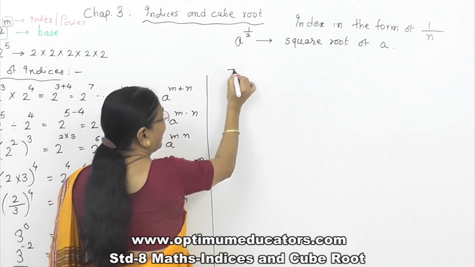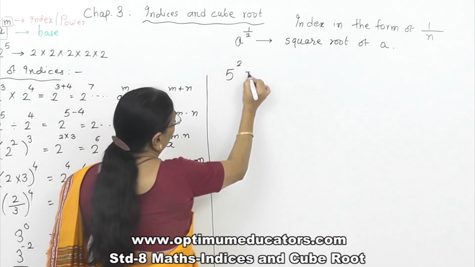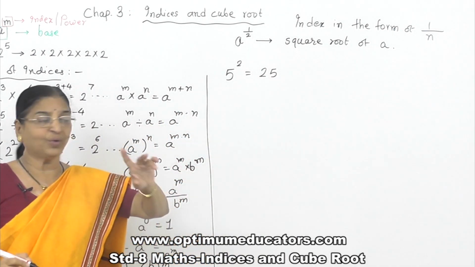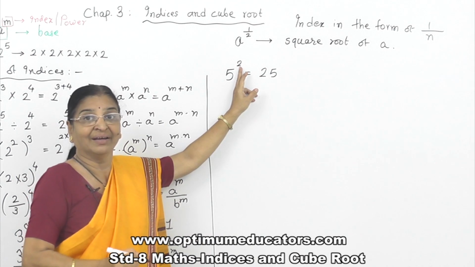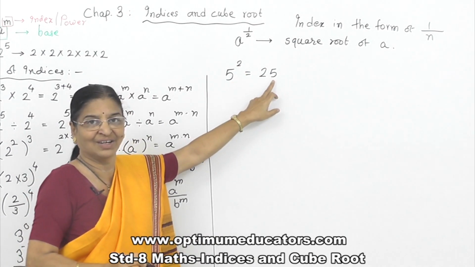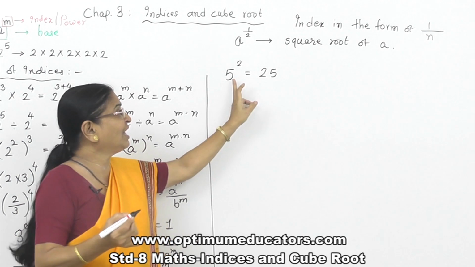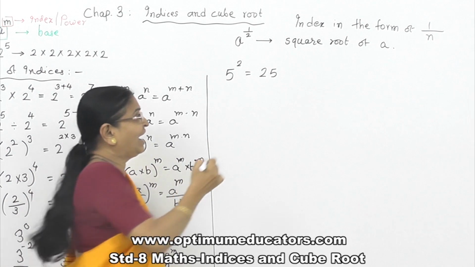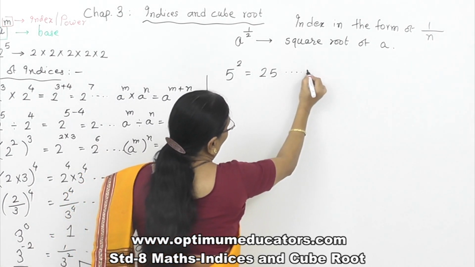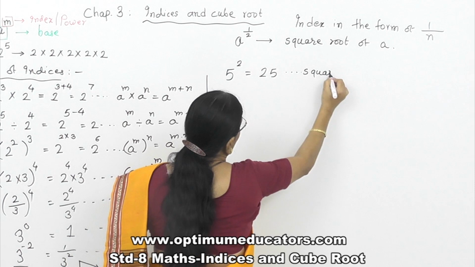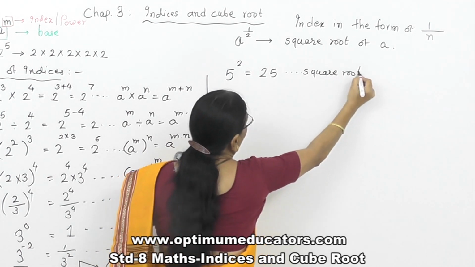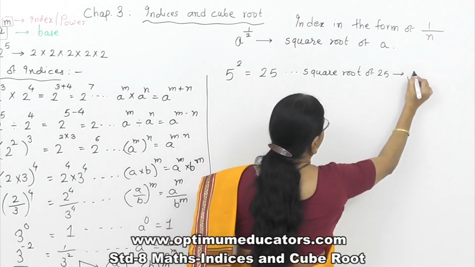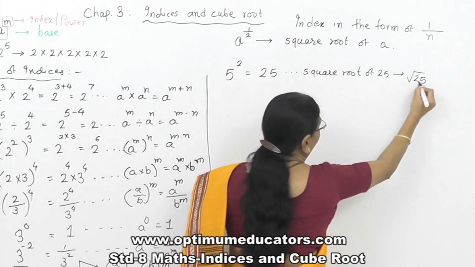Suppose I write 5 raised to 2 is equal to 25. Okay? 5 raised to 2 is 25. That is square. Square of 5 is 25. And if I want the answer 5, then I will ask what is the square root of 25, and the square root of 25 I will write with this sign, square root of 25.